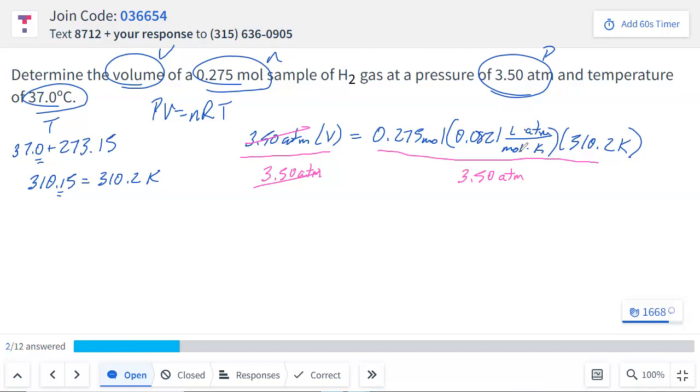I have moles in the denominator, which cancels the moles there. Kelvin in the denominator cancels the Kelvin here. And then I've got atmospheres in this numerator and atmospheres in the denominator here, so they cancel. I'm left with just liters, which is good since this is a volume that we're calculating.